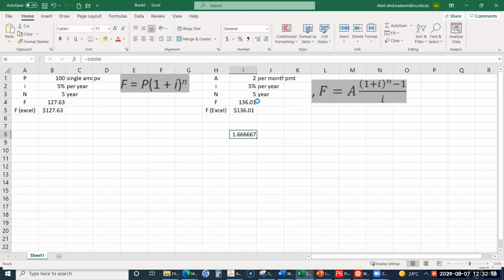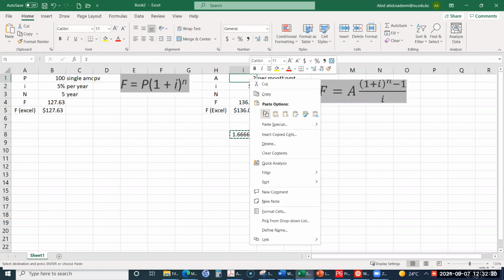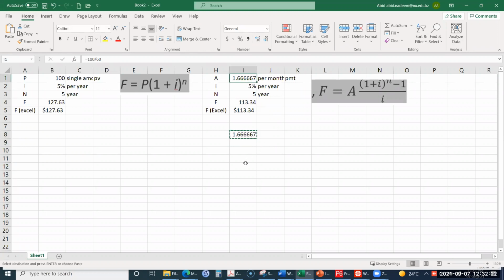If I deposit this much amount over here, then how much will I get? $113.37. So it means that I think we should take this option: just deposit $100 now and then get $127.63.